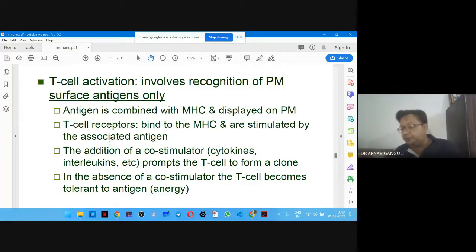And this antigen is processed inside, and even self and non-self everything is expressed, but it does not bind with self, only with non-self. When non-self binds, it kills it. So antigen is combined with MHC and displayed on plasma membrane. Then you have T cell receptors which bind to the MHC and are stimulated by the associated antigen.